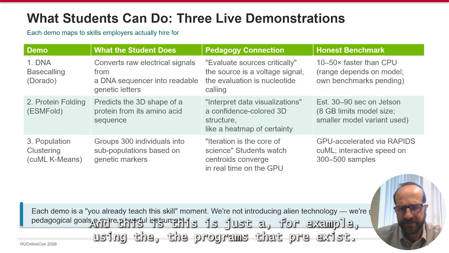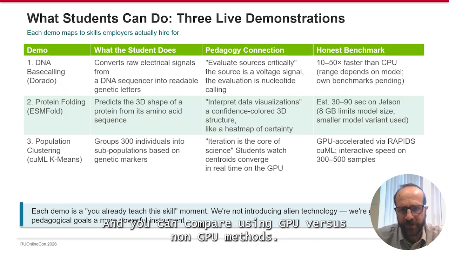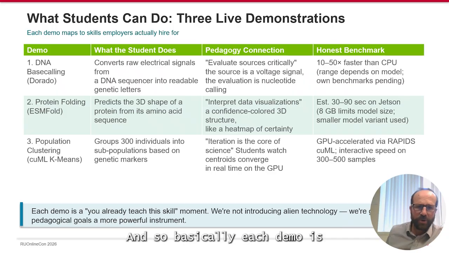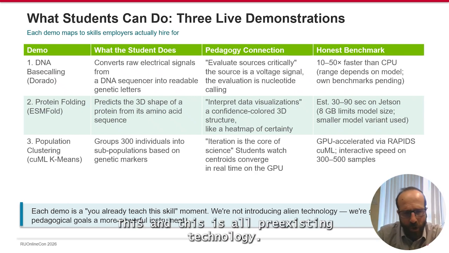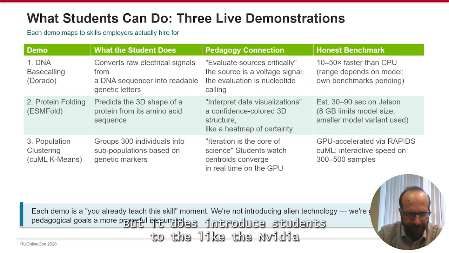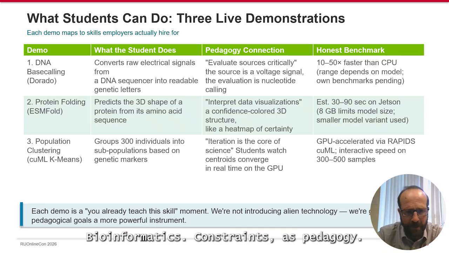And this is just, for example, using programs that pre-exist, and you can compare using GPU versus non-GPU methods. So basically each demo is an "are you ready to teach this skill" moment? This is all pre-existing technology, of course, but it does introduce the students to the NVIDIA universe of programs and that wider universe of Linux bioinformatics.